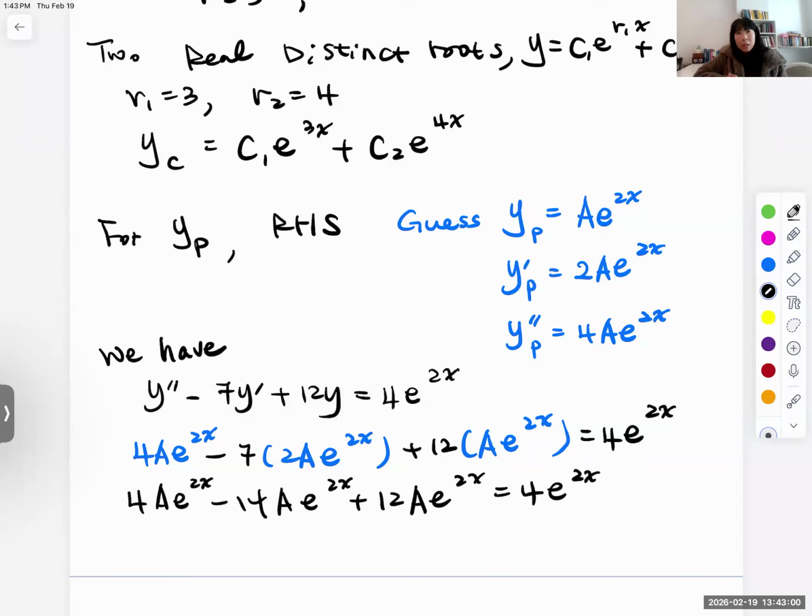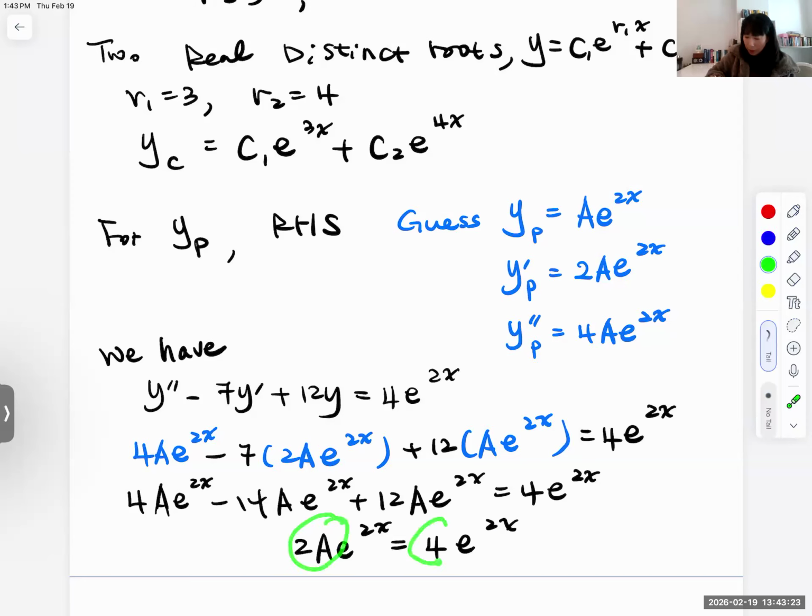Okay, can you combine like terms? Yes, we can do that. So 4 minus 14, negative 10, plus 12, which is 2, right? So 2a e to the 2x equal to 4 e to the 2x. Then they are corresponding.